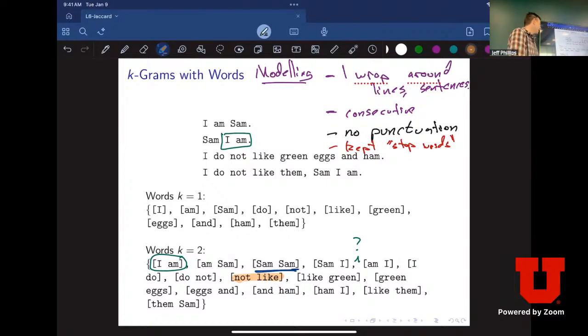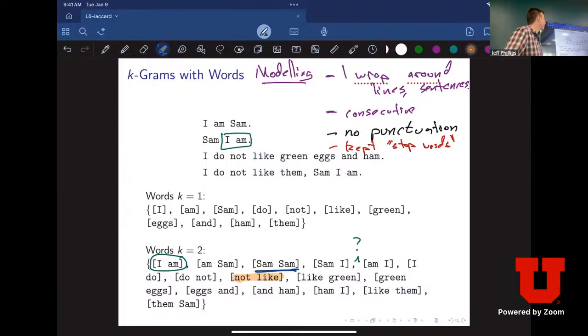I don't have the word "like" as the second term without the "not" in front of it. So I've kind of captured the information that someone is not liking something. That information would not have been captured in the K=1 or in the bag of words. I would not have been able to capture it very well.